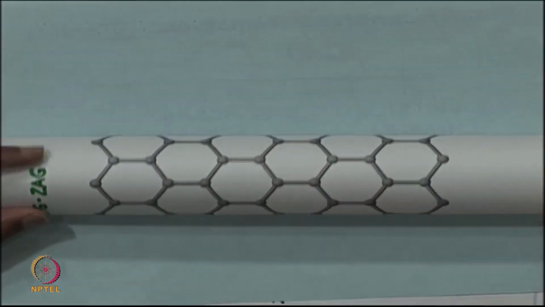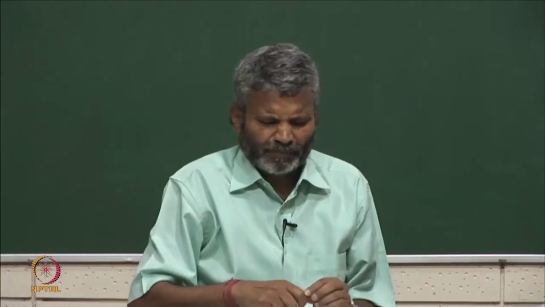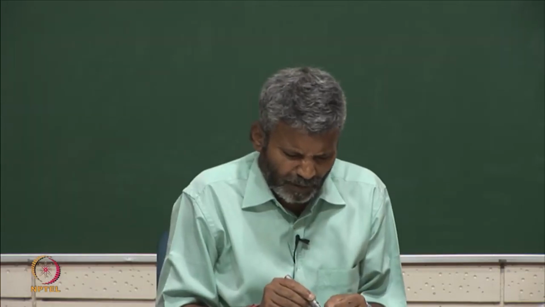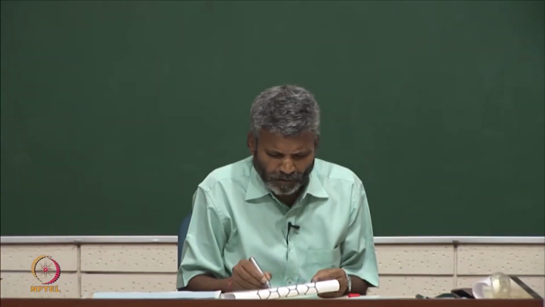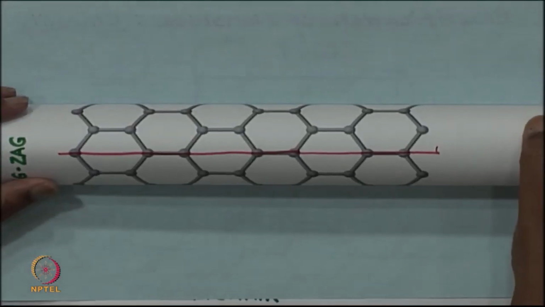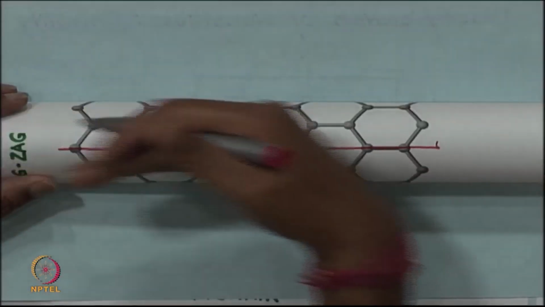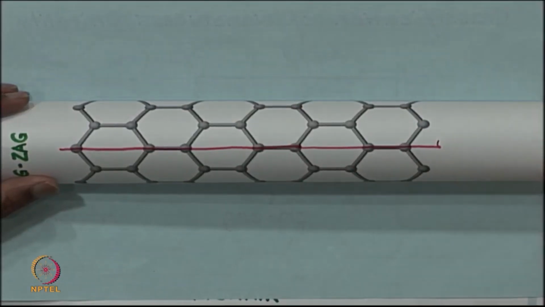Maybe I can use a red pen and draw a line representing the mirror plane. If you imagine a plane passing through this line and the tube axis, the two parts of the tube are mirror symmetric to each other.